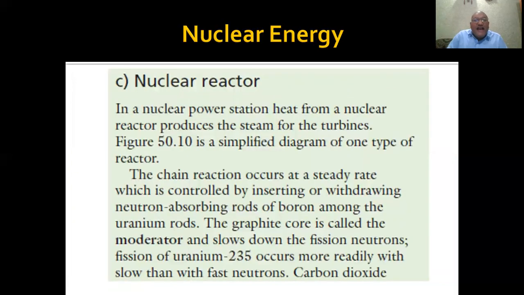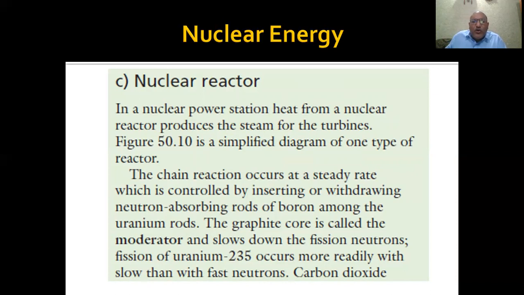In a nuclear power station, heat from a nuclear reactor produces the steam for the turbines. The figure which we saw is a simplified diagram of one type of reactor. The chain reaction occurs at a steady rate, which is controlled by inserting or withdrawing neutron-absorbing rods of boron among the uranium rods.